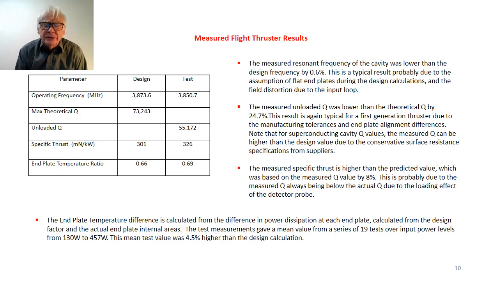We actually used the buy-off tests of 19 performance measurements from 130 watts to 455 watts. We took these measured temperatures and ended up with a mean test value of 0.69 as a ratio between the two end plate temperatures.